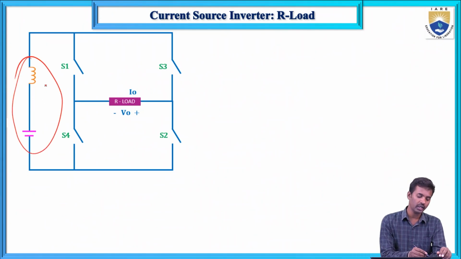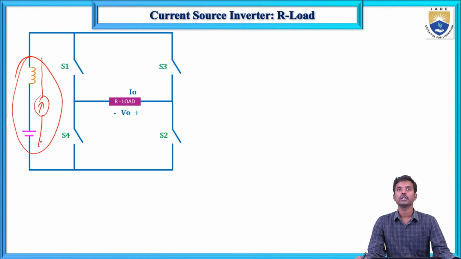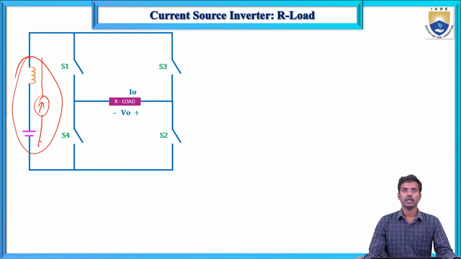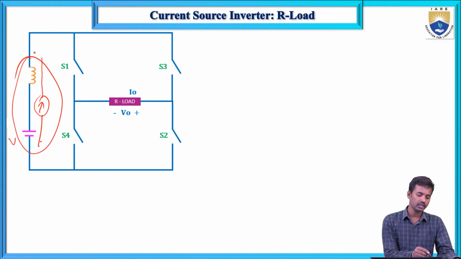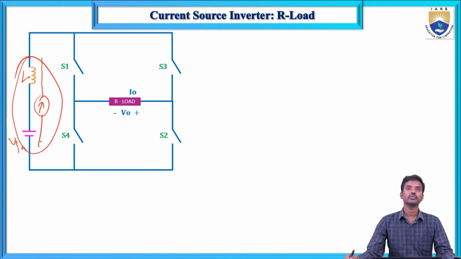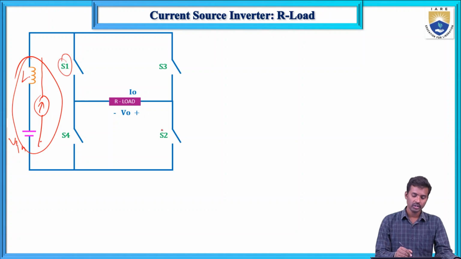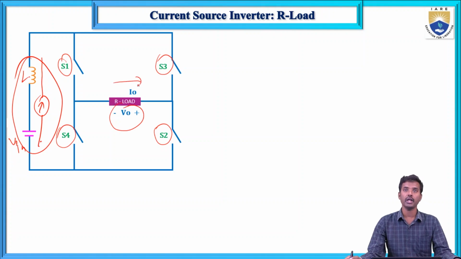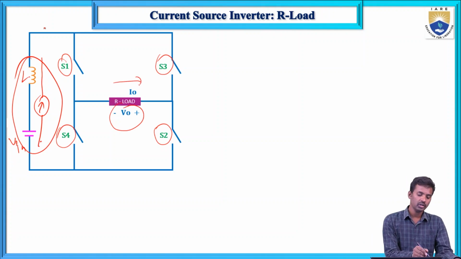This entire circuit is known as a current source: a voltage source V input in series with the inductor L. Here we have switches S1, S2, S3 and S4. This is the output voltage and this is the output current. This is the source current, that is IS.